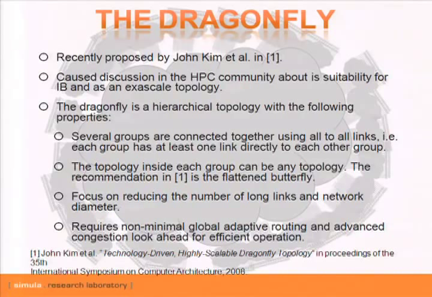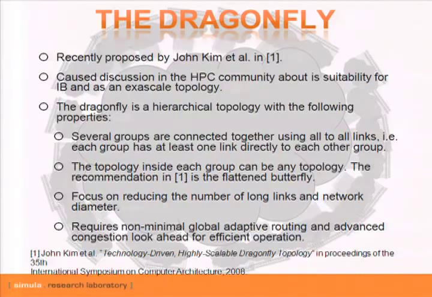If you now look inside the group, the topology can actually be any topology, but it's the flattened butterfly that is recommended. The issue here is to reduce the network diameter as well as reduce the number of long links.